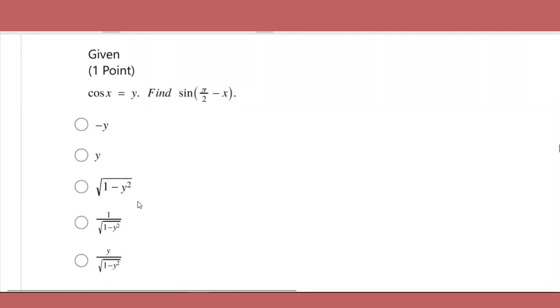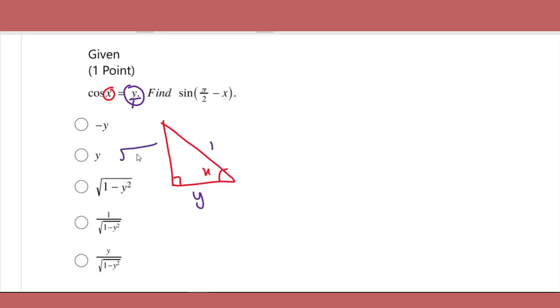Number 8. Given cos x equals y, find sine of pi over 2 minus x. Cos x, this is angle x. The value is y over 1. Using the Pythagorean theorem, this side is the square root of 1 minus y squared.